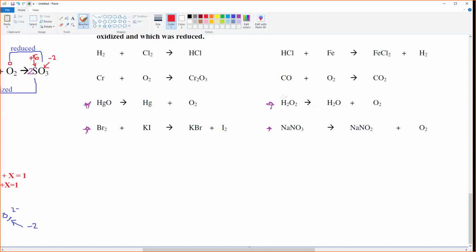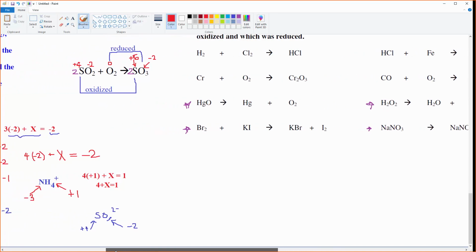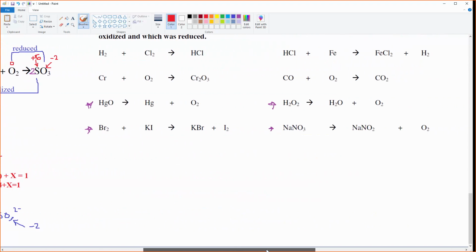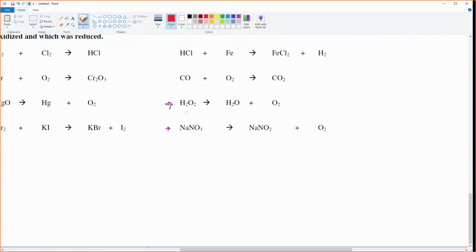So let's start on this side, and we're following the rules, right? H2O2 is a covalent compound, and this says for covalent compounds, use the following assignments in exemplary order. Hydrogen gets to be +1, fluorine gets to be -1, and so on and so forth. So what am I going to do here? Hydrogen's +1, because this is a covalent compound and I have to go in order.